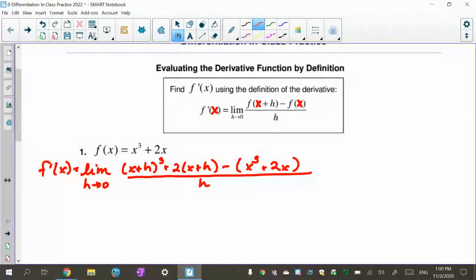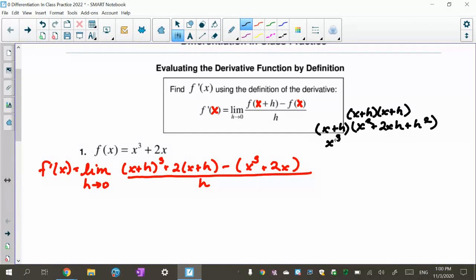Okay, so I had to fix that, make it look a little nicer. So over here on the side, I'm going to do x plus h cubed. So I have x plus h times x plus h, and when I multiply that out, I get x squared plus 2xh plus h squared. And then when I'm done with that, I'm going to multiply that by x plus h because it's cubed. And later on, we'll do something called Pascal's triangle that will make this a little bit easier for you.